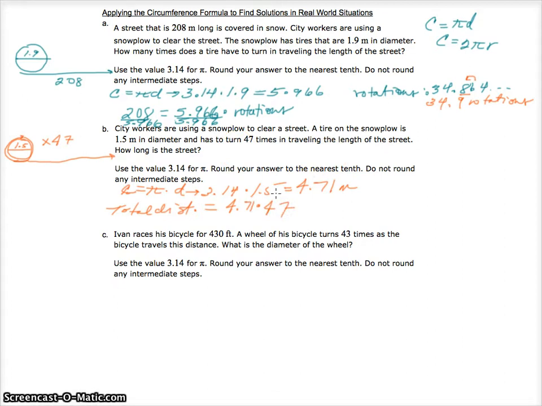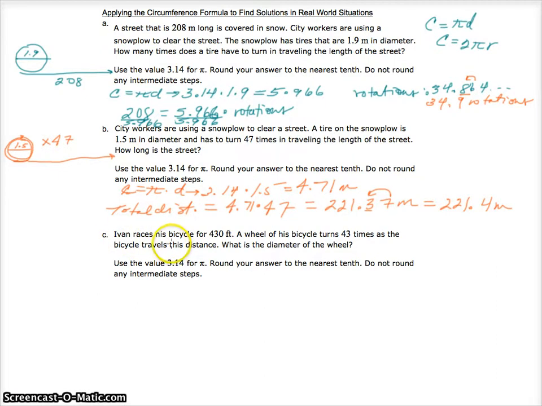So 4.71 times 47 gives me 221.37 meters. Round my answer to the nearest tenth, so I'm going to look at my 3 and use the 7 to round it. So that's going to be 221.4 meters.